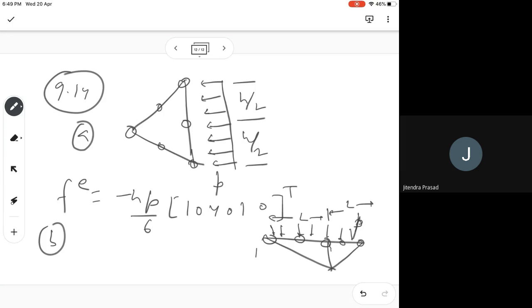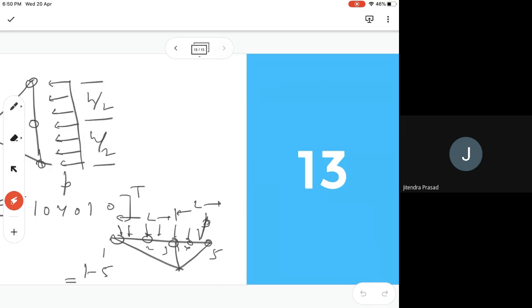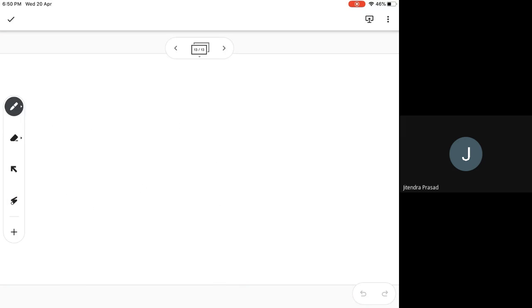So 1, 2, 3, 4, 5, and this is asking that for nodes 1 to 5, what will be the distribution of this force P, yeah. So this is totally on force, basically, and how will you do it?